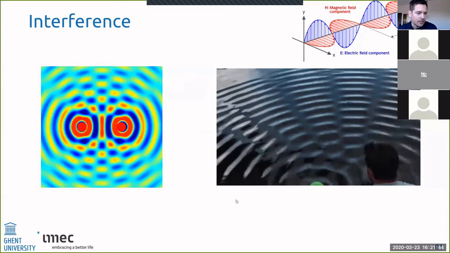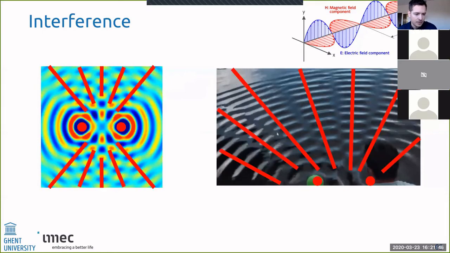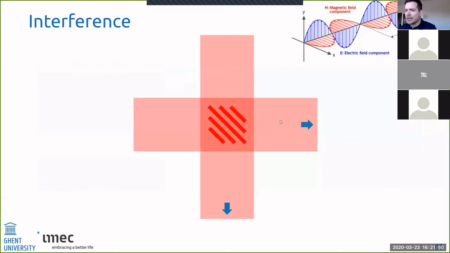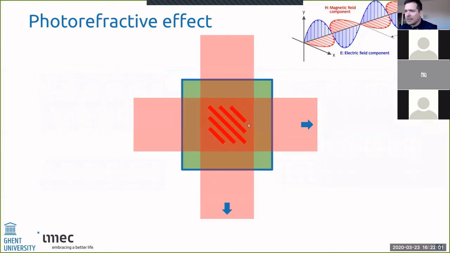You can do the same with two laser beams. When you let two laser beams go through each other, they interfere and give regions of high and low light intensity. And when you let them interfere in a photorefractive crystal, something really interesting happens.